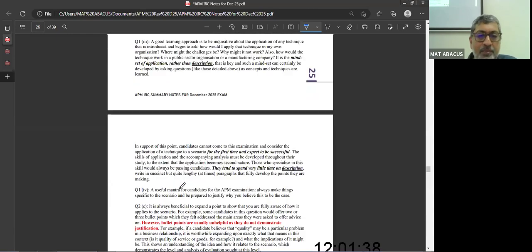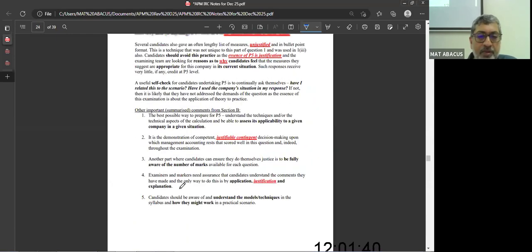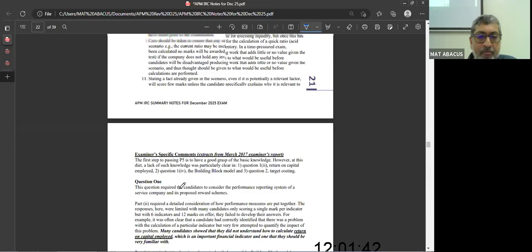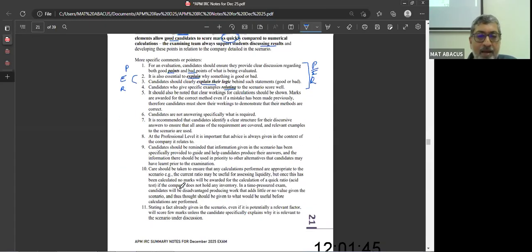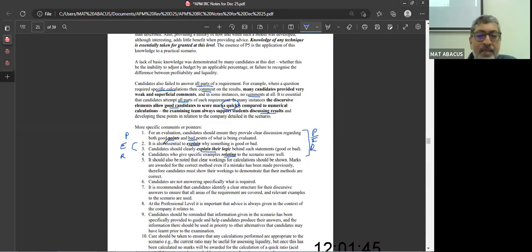So the examiner suggested PE explains why something is good or bad, and then explains the logic behind such statements. Me, I don't put it separate. I put it as one. Now, when you say why it's bad, immediately you explain further. And relating is actually, by relating to an example, to me, this relating is also explaining. It's just explaining further through an example or also through theory.